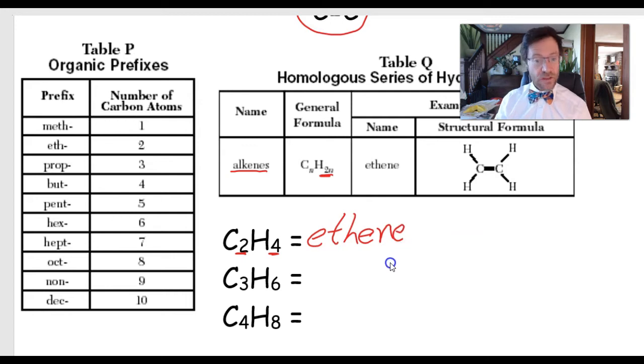You dig? Same with this one. This is going to be prop. There's my N. My number of hydrogens is 2N. Propene.